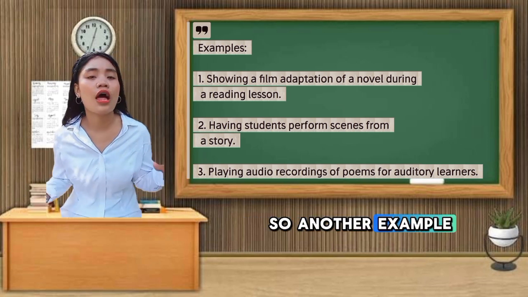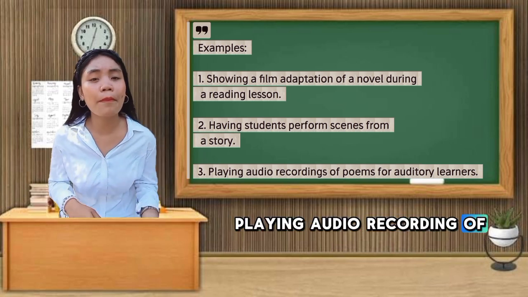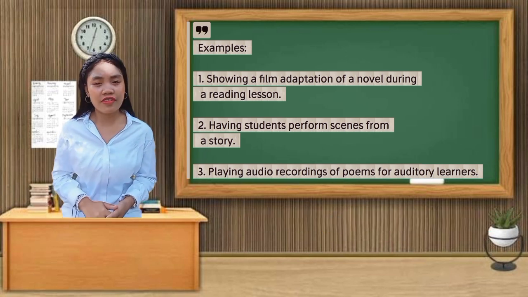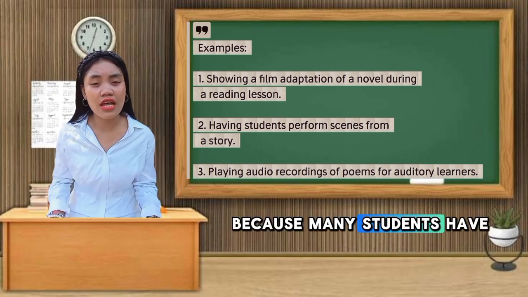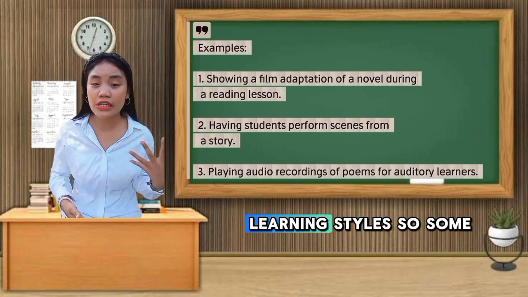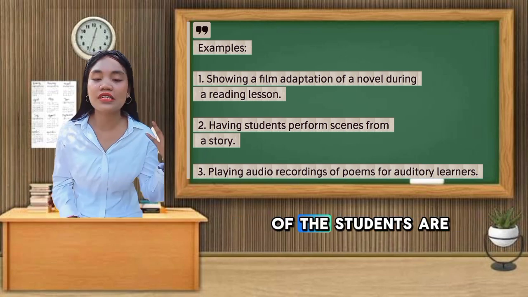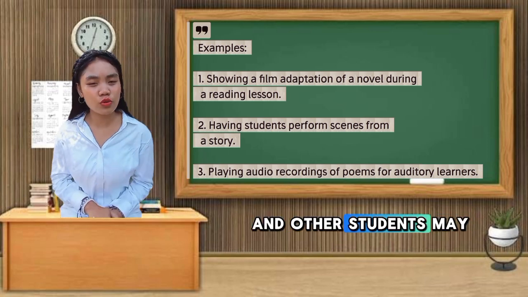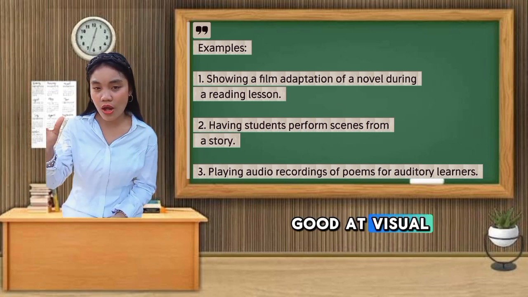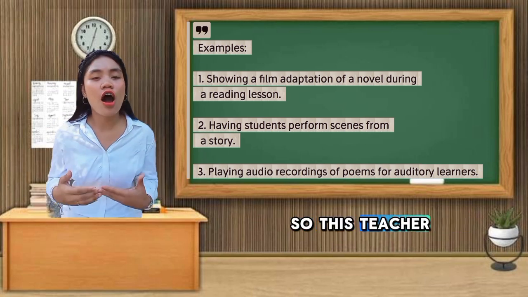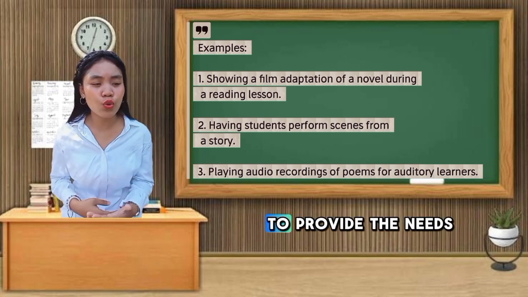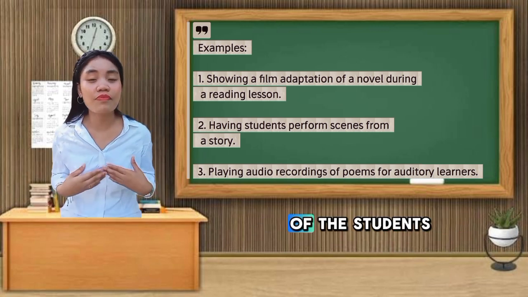Another example, playing audio recordings of poems for auditory learners. Many students have different learning styles. Some of the students are really good at hearing and others may be good at visual. So the teacher adjusts and is able to provide the needs of the students.